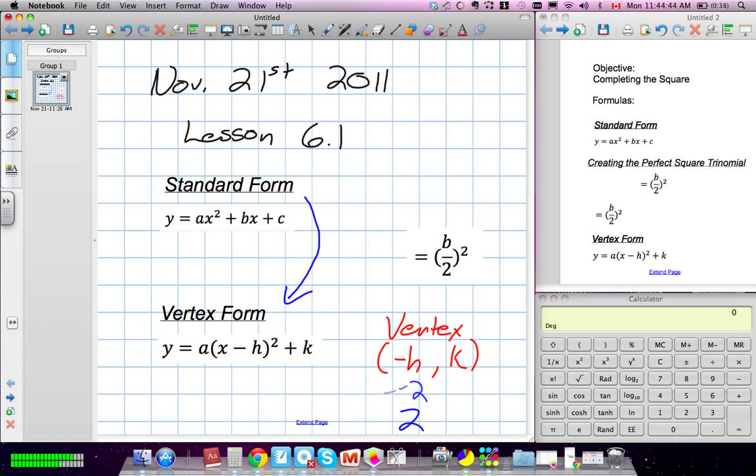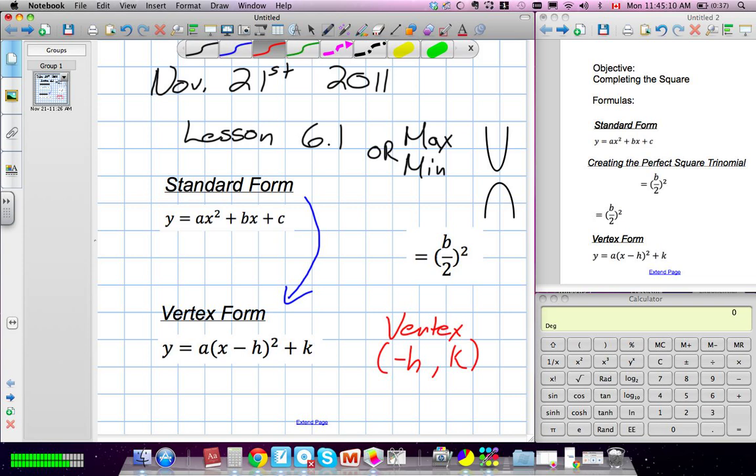Also, for maxima and minima, they're talking about the max or min of an equation. What they're talking about is the k value of the vertex. Depending which way a parabola opens, so we have a parabola that opens upwards, or we have one that opens downwards.